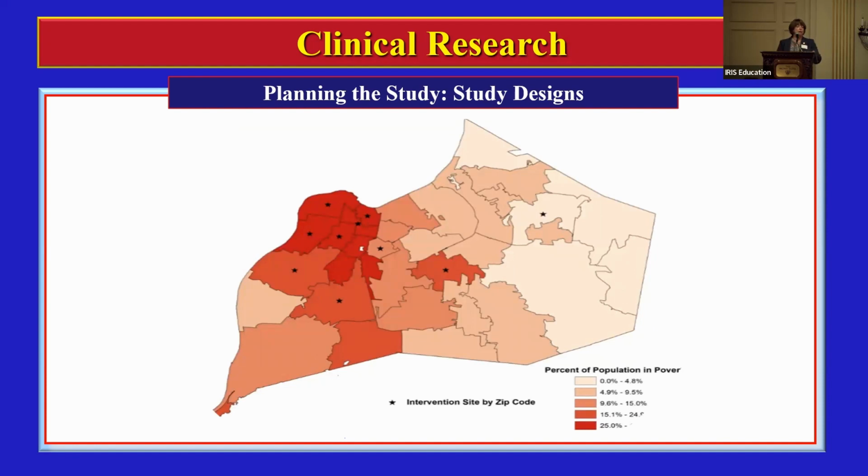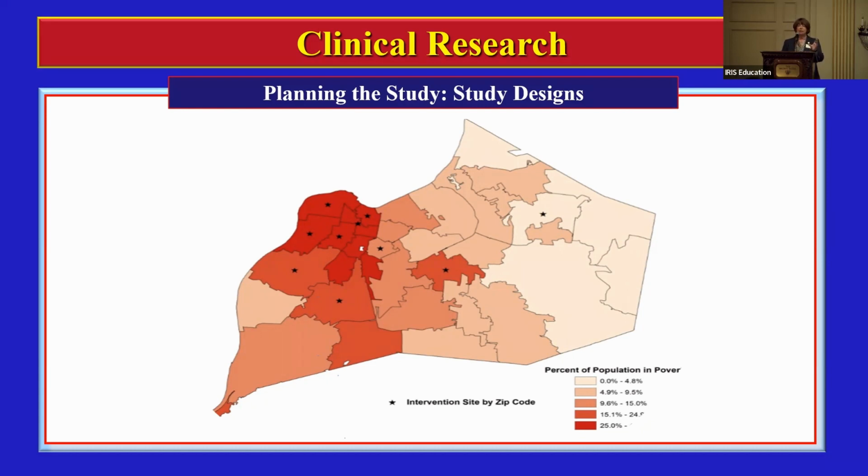This is a picture of some interventions that have been done looking at how to improve immunization in the community. And it's interesting, isn't it, that we will look at whether we have had immunization interventions in those areas where we are seeing the higher proportions or incidence of poverty.